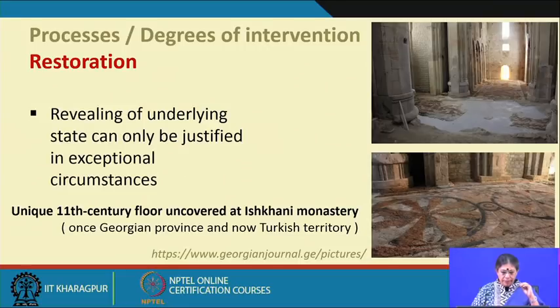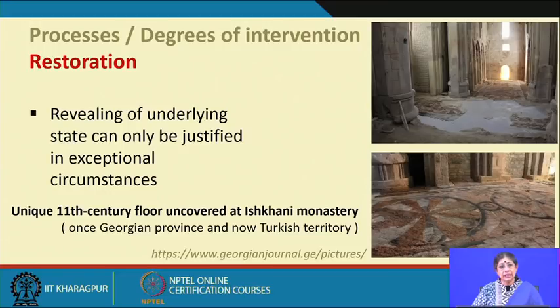It was actually a Turkish territory, earlier a Georgian province. So, an 11th century floor was uncovered in a monastery, because by taking out the plain floor which was a later addition, something very beautiful, the original flooring, has been uncovered. It can be a wall painting, it can be a floor, it can even be a ceiling where a beautiful ceiling has been covered over the years.